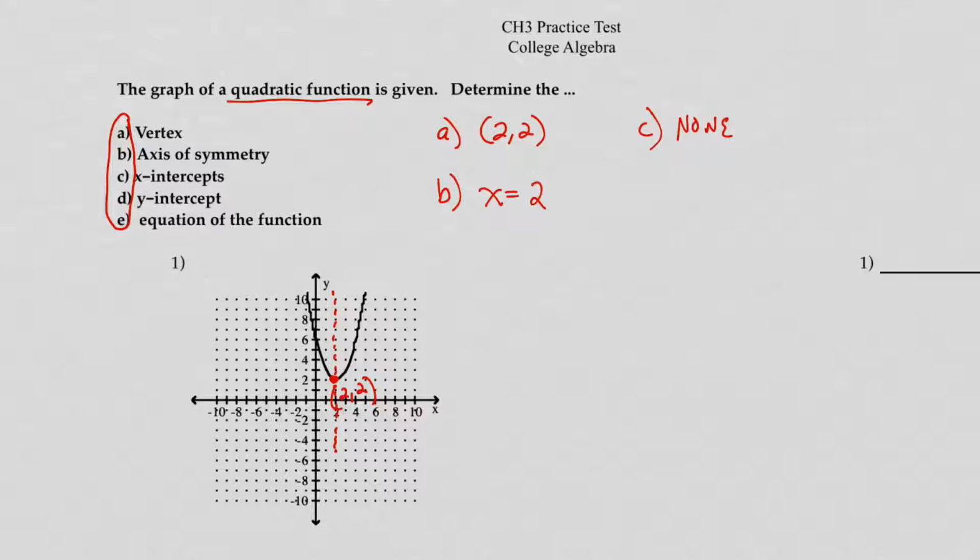Okay, there are no x-intercepts, and if you were calculating this in a different scenario, you would get imaginary numbers. Imaginary numbers would signify no x-intercepts. All right, so this is letter D now. The y-intercept is always found by f of 0. That's right there. That's the y-intercept, which is 0, 6.